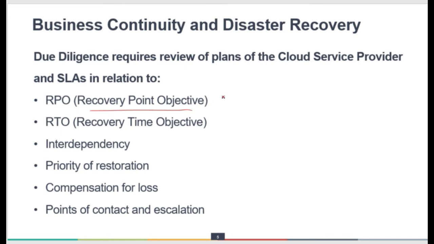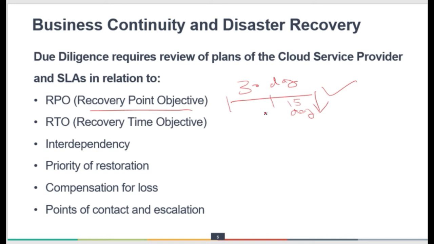For example, if we have one month of data, let's say 30 days, and something goes wrong and the services are down, and we feel that to recover this service, if we could just recover the last 15 days of data, we are good with that. So that is the recovery point objective. Here, the recovery point objective is 15 days.